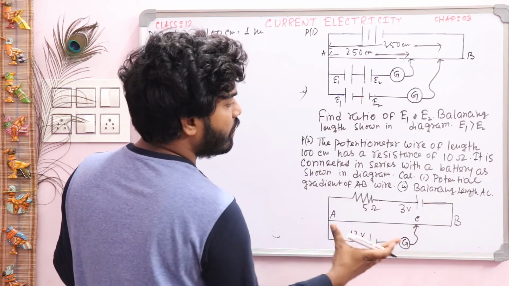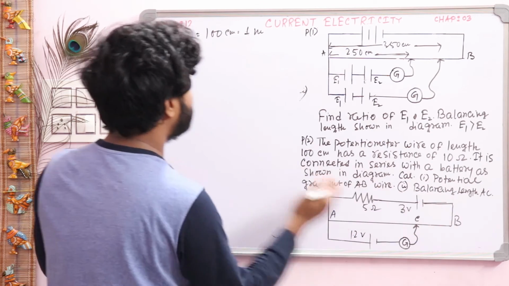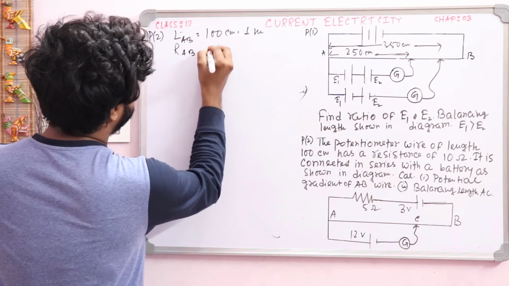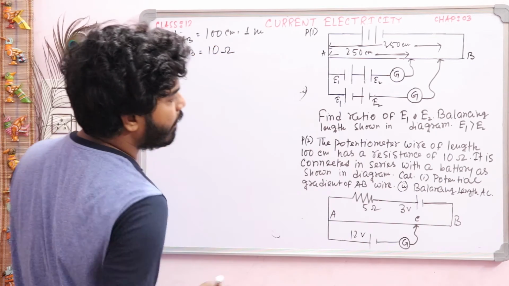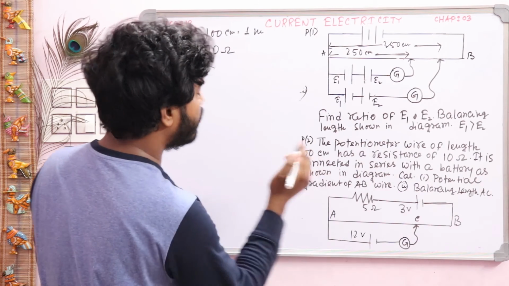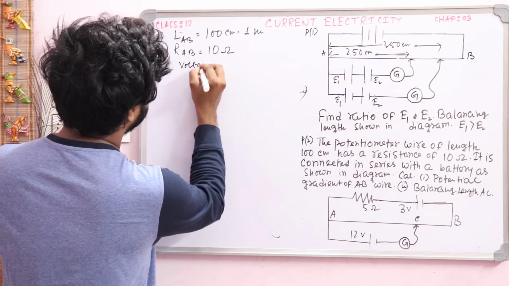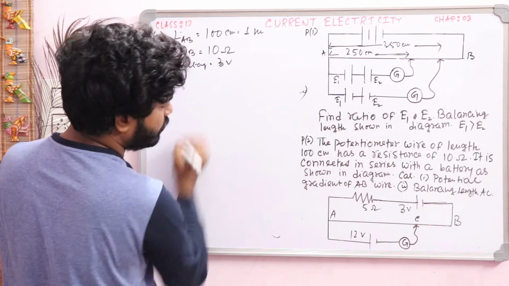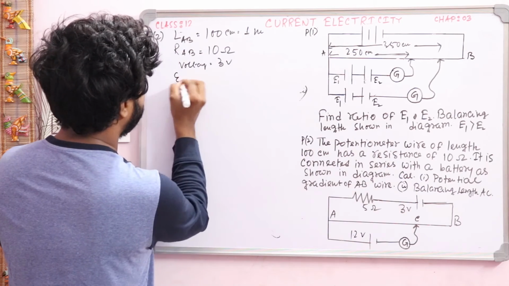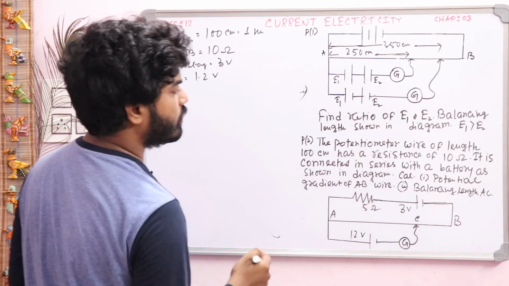This AB wire always has some resistance, so this wire has resistance RAB equal to 10 ohm, and it is connected in series with a battery of 3 volt. Battery voltage 3 volt, and this EMF value is given 1.2 volt. Now we have to find out potential gradient.